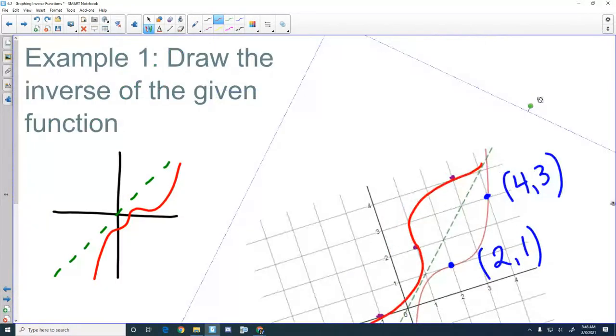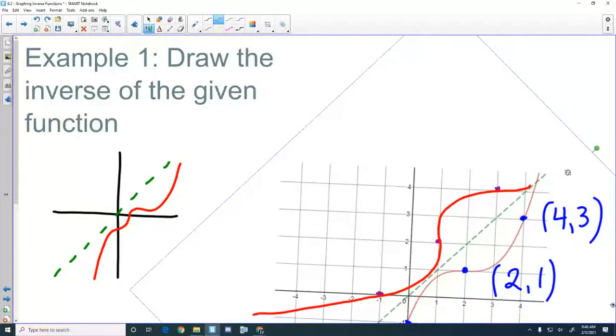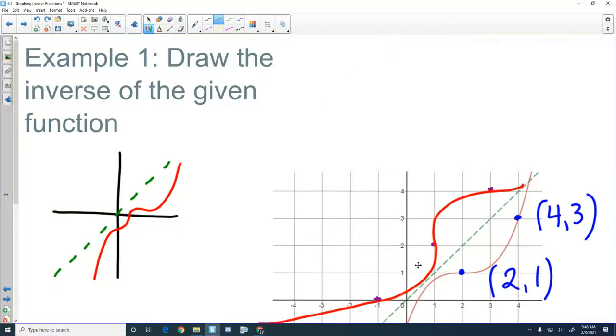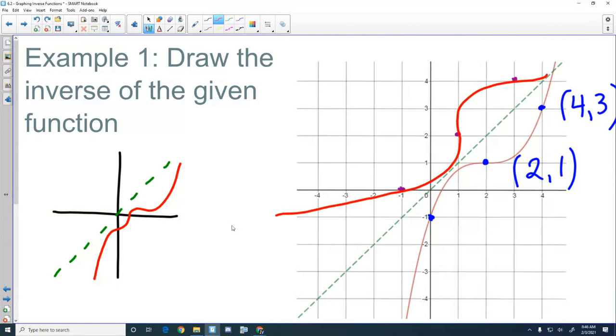Back to its original orientation. And so that technically is what that reflection would look like. So that's the inverse of the function. Now we don't know what the equation is of that line, but we don't need to know what the equation is. We're just graphing the inverse of it. That's what the inverse graph would look like.